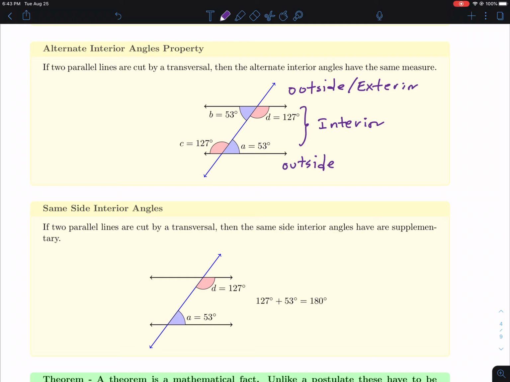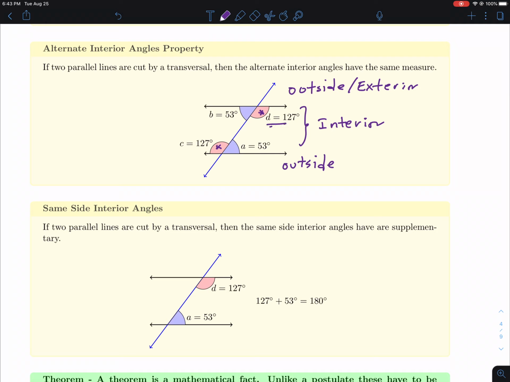So in this case, alternate interior angles are the angles that are on the opposite side of the transversal. This angle and this angle are alternate because they're on opposite sides of the transversal, and they're interior because they live in between the two lines. The nice thing about these guys is alternate interior angles have exactly the same measure.